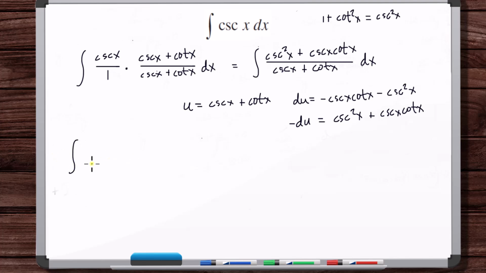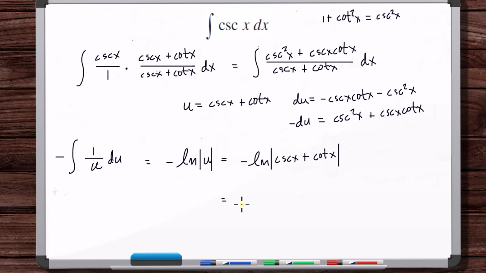So we've got 1 over u du with a minus sign up front. So this is minus natural log of the absolute value of u, and we can bring this minus sign inside like that, plus c.